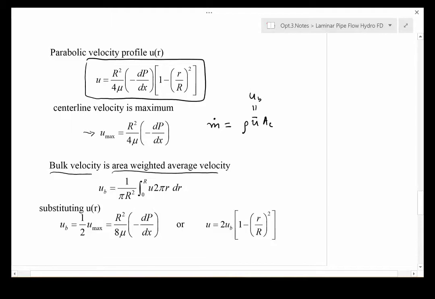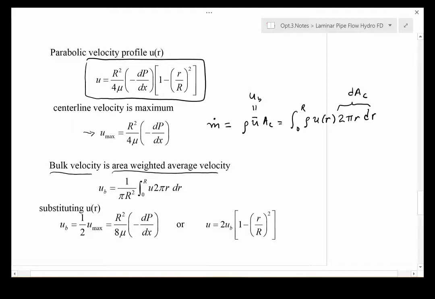So rho U_B A_c is equal to, in reality, the integral from 0 to R of rho u of r times dA, where dA is 2 pi r dr. This is our differential cross-sectional area.